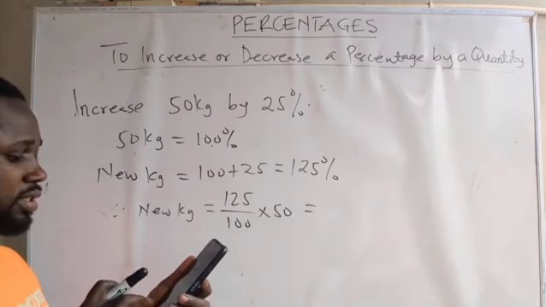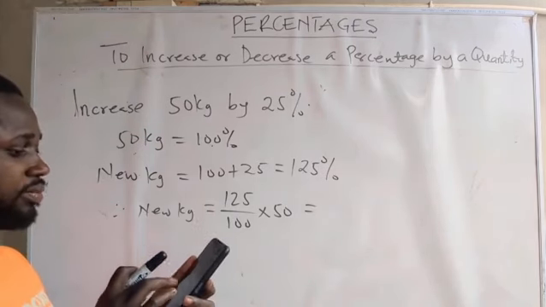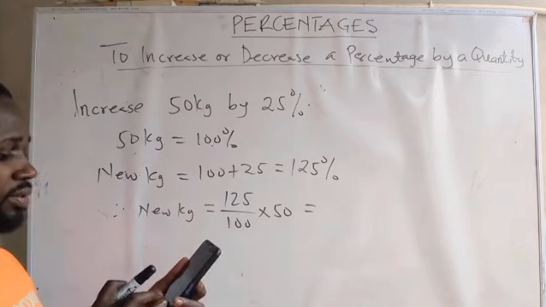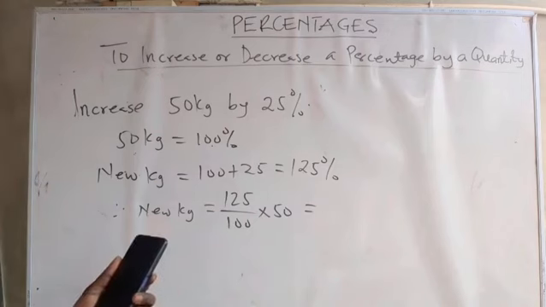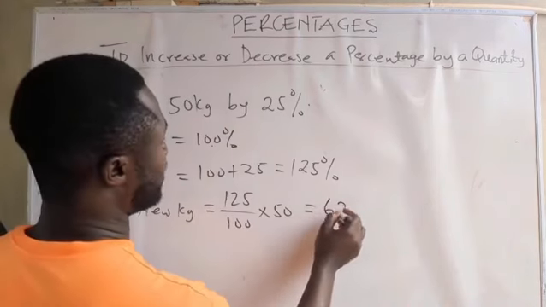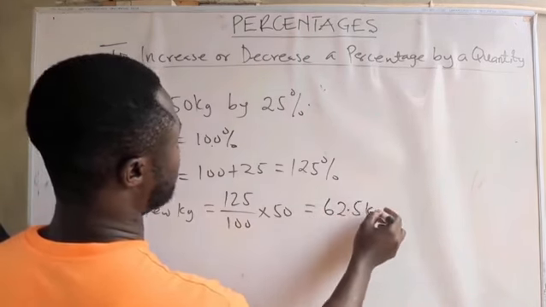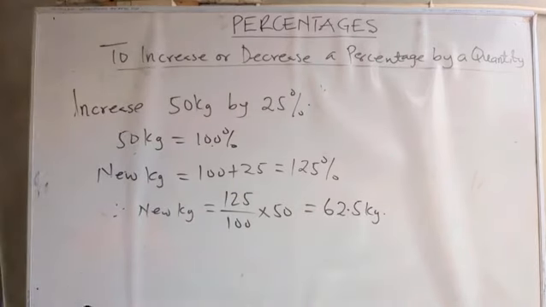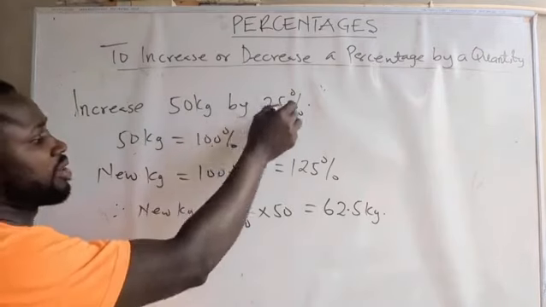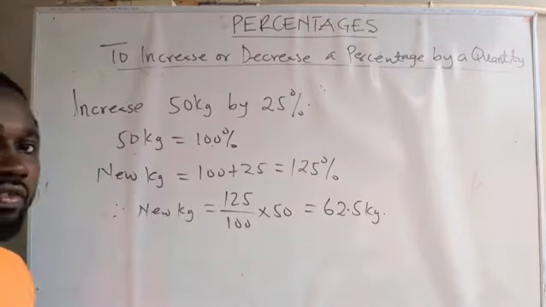Let's see. 125 divided by 100 times 50 will give us 62.5 kilogram. So the new kilogram, when you increase 50 kilogram by 25%, is 62.5 kilogram.